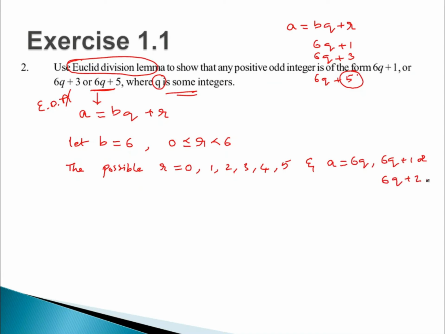And so on and so forth, where Q is your quotient. Now, as you all know, any positive integer. I'm supposing A equals the required series, right?